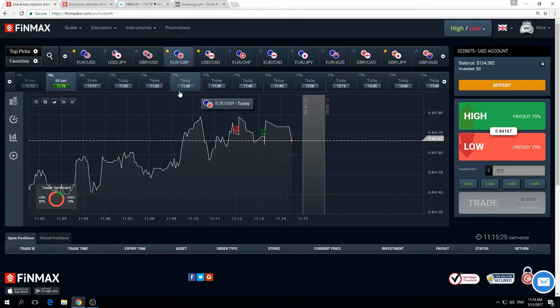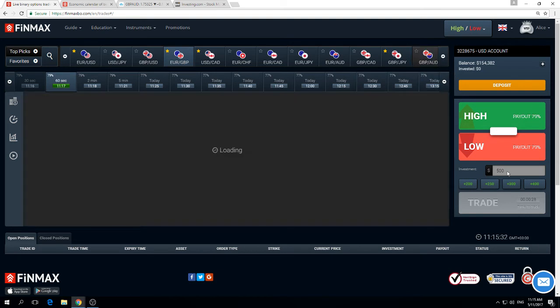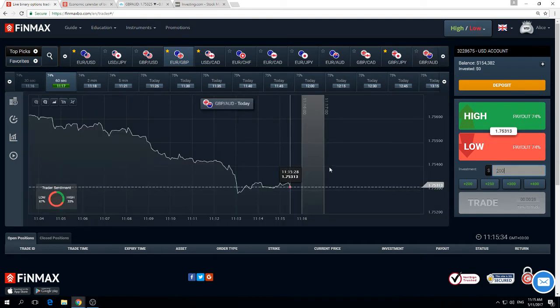Here is an interesting opportunity to enter for British pound to Australian currency. Let's enter for 1 minute for high.